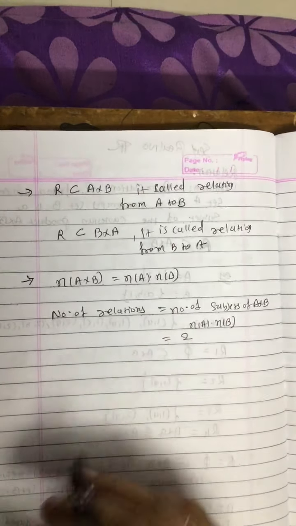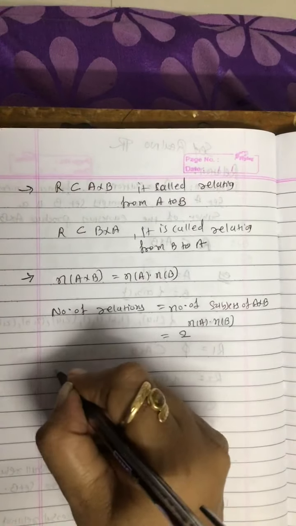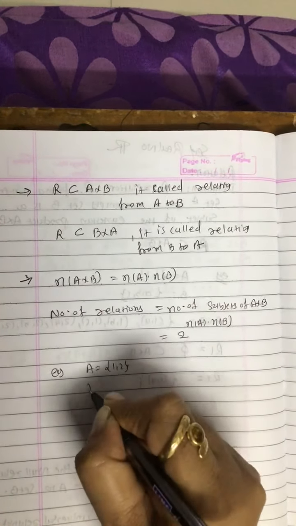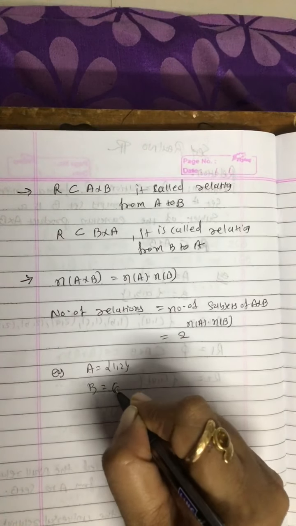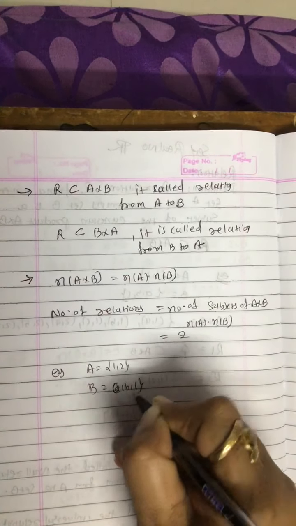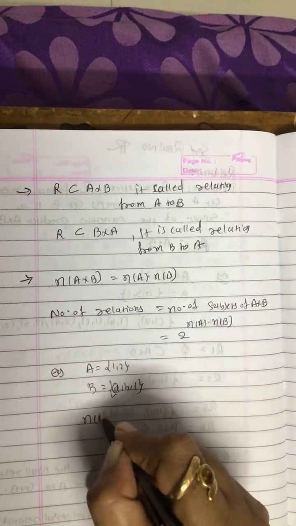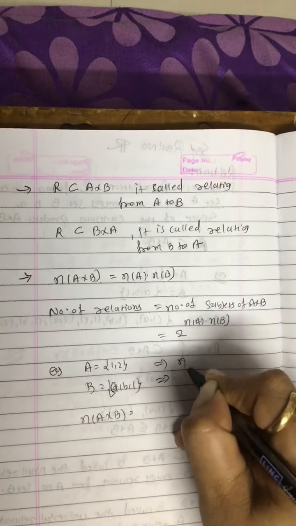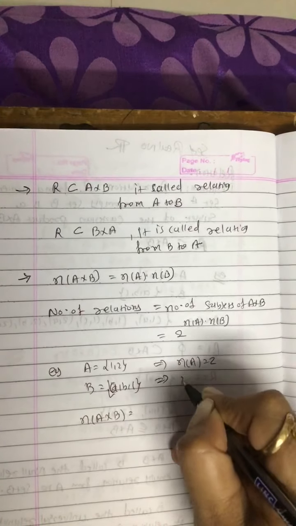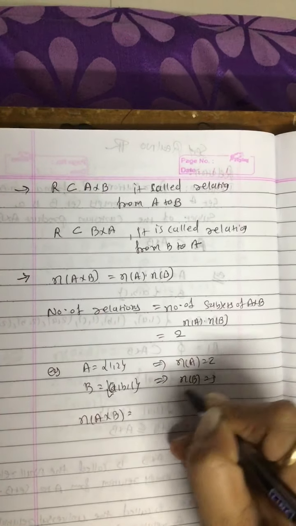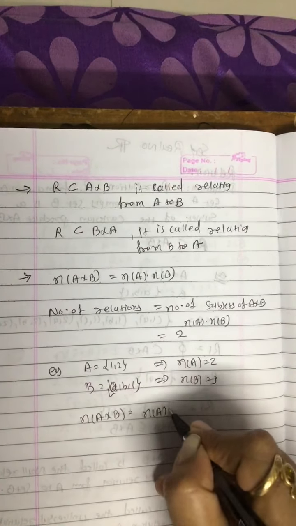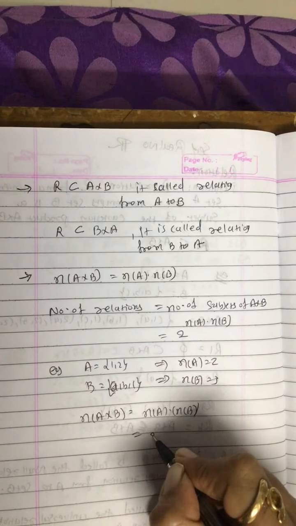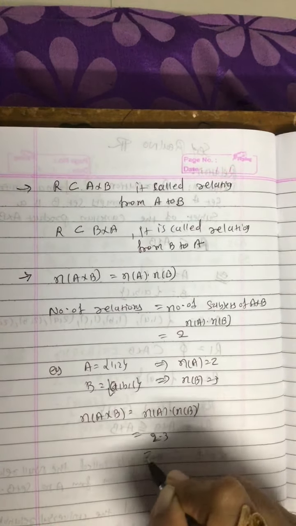In our example, our A was {1, 2} and our B was {a, b, c}. So how many elements are in A? We have 2. Number of elements in B, we have 3. So the number of elements in A cross B is NA into NB, so it will be 2 into 3 is 6.